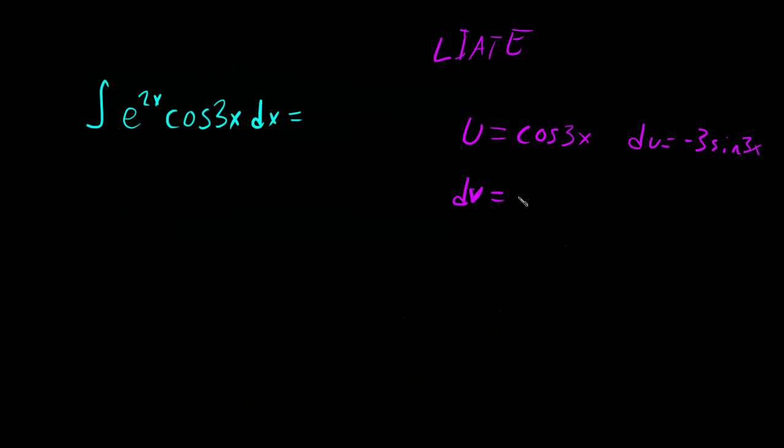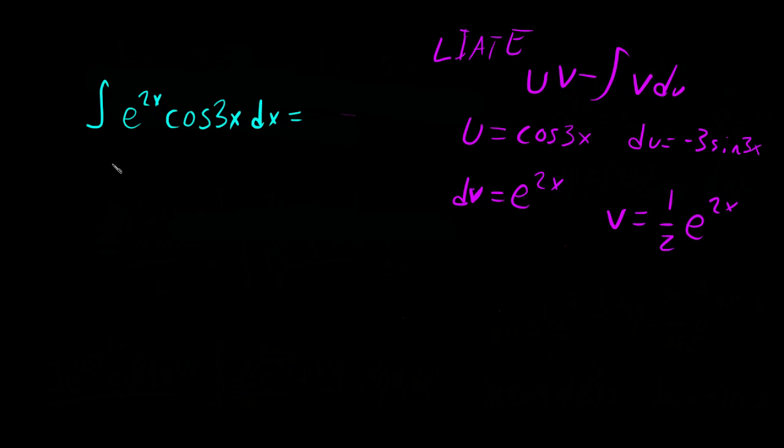your other one. Okay, so now you're going to want to use your integration by parts formula, which is uv minus integral of v du.